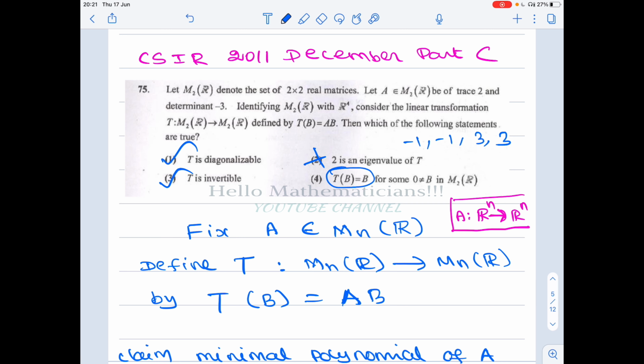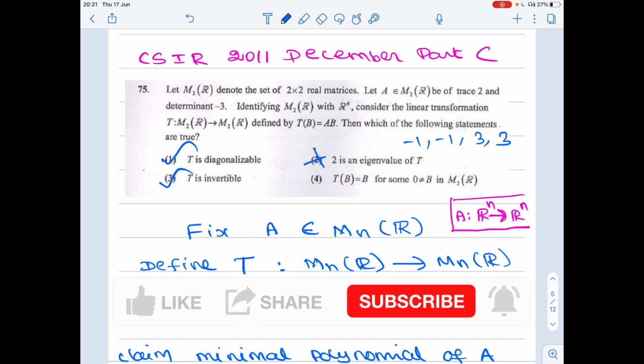The other option means that 1 is an eigenvalue, because Ax equals lambda x with lambda replaced by 1 means 1 is an eigenvalue with an eigenvector not equal to 0. But 1 is not an eigenvalue of T. Therefore, this option is also false.